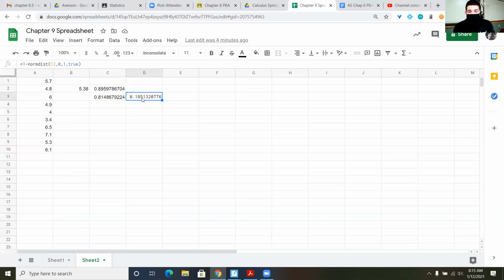So my conclusion here would be that I cannot reject the null hypothesis, and we cannot say that this portfolio is better or yields a higher profit than what we would expect from another portfolio.